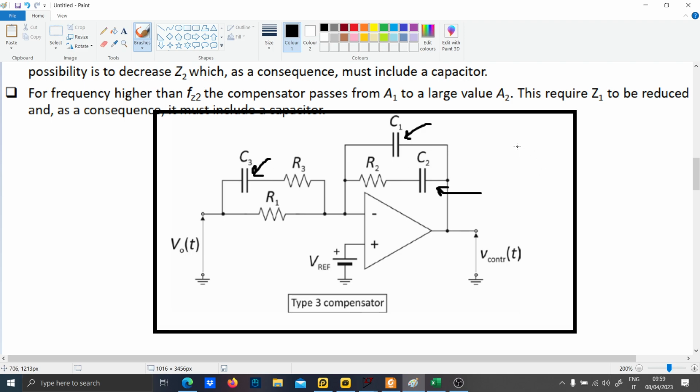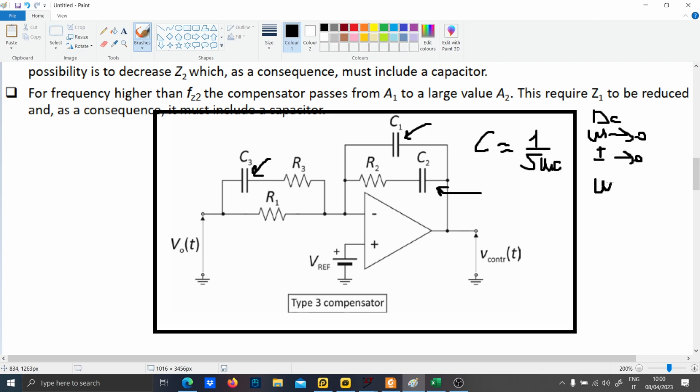You do remember that a capacitor has a behavior like 1 over j omega C. So if omega tends to 0, the capacitor behaves like an open for a DC current.